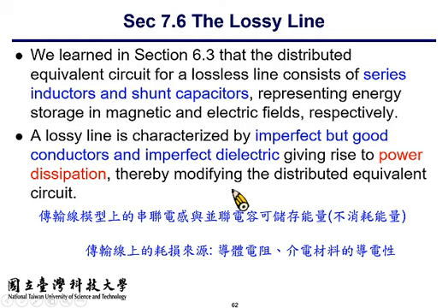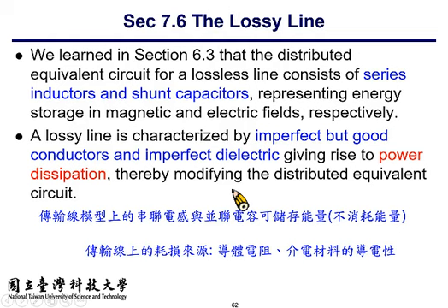So this is the more general distributed circuit model, which is sometimes referred to as the RLGC model. You can memorize the RLGC model by drawing the series resistor, series inductor, shunt conductor, shunt capacitor, the so-called RLGC model for the distributed circuit.